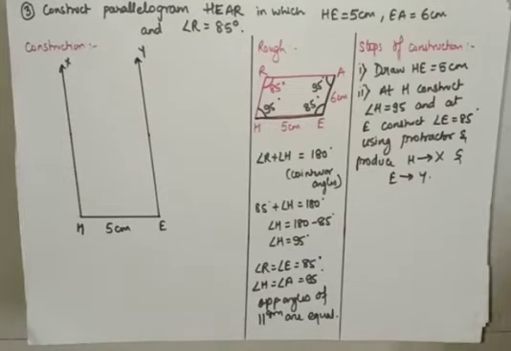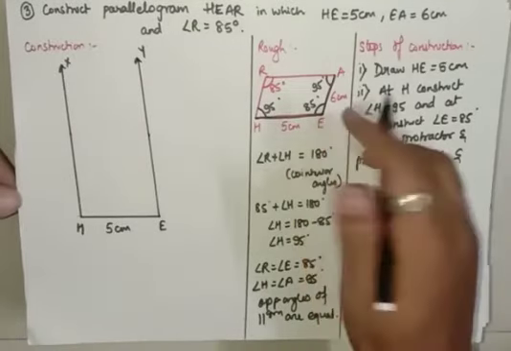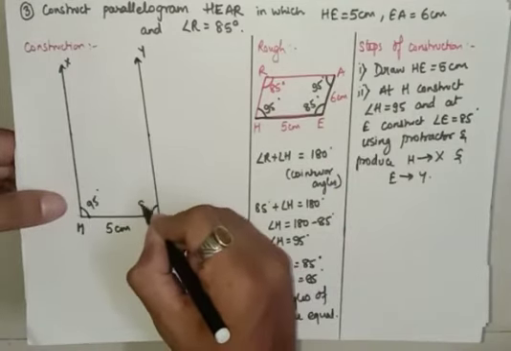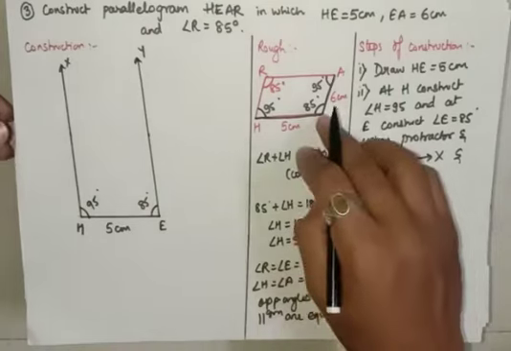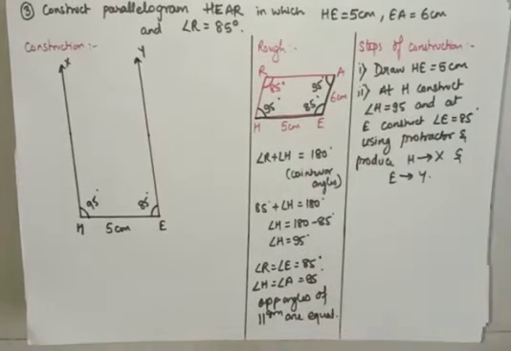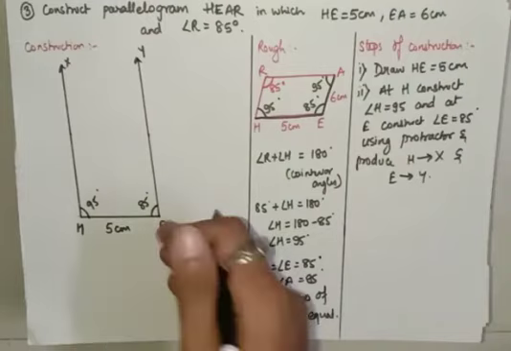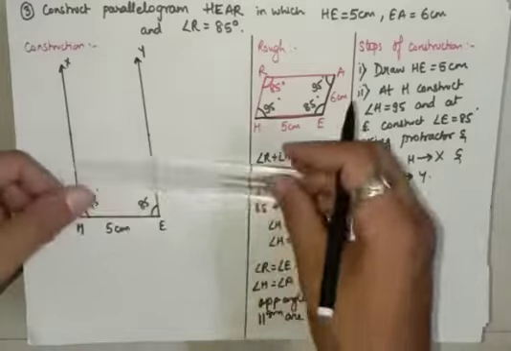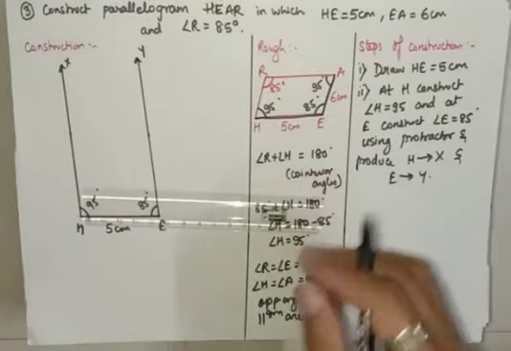Now from E point, see, this angle is of 95 degree, this angle is of 85 degree. So from E to A we have to draw a line of 6 centimeter on this EY produced. For that we will use the compass.